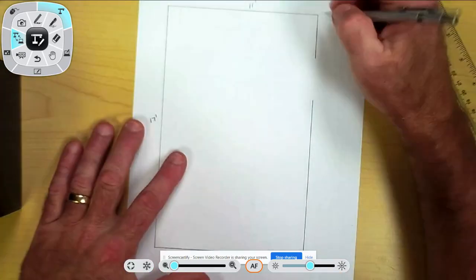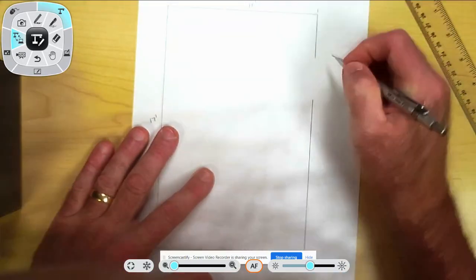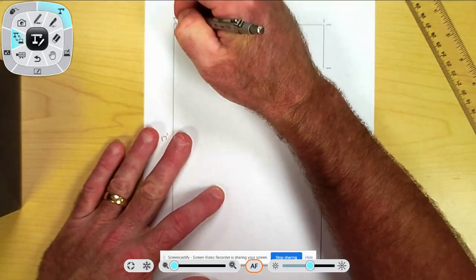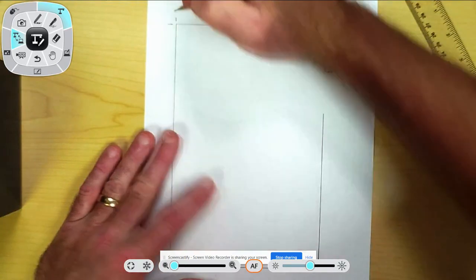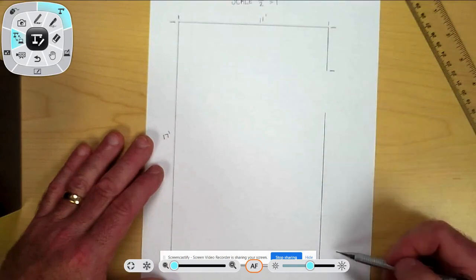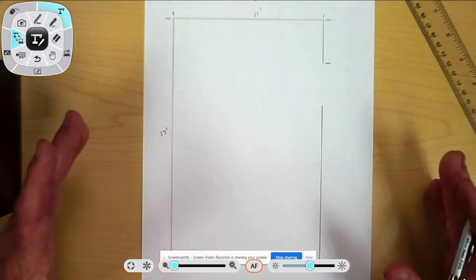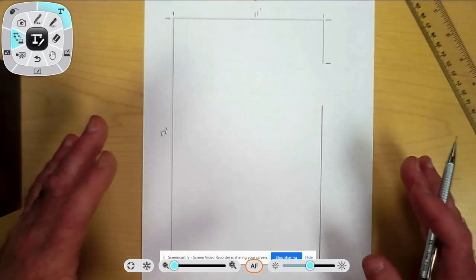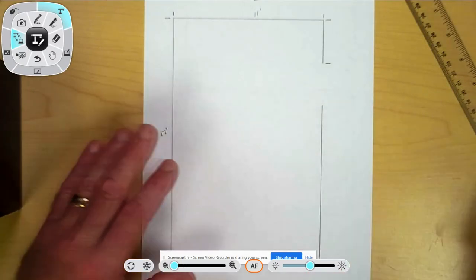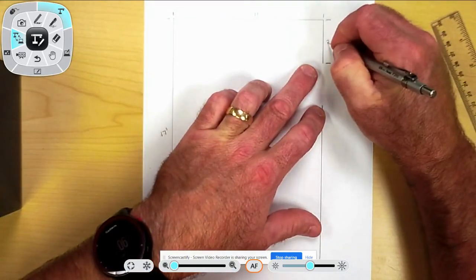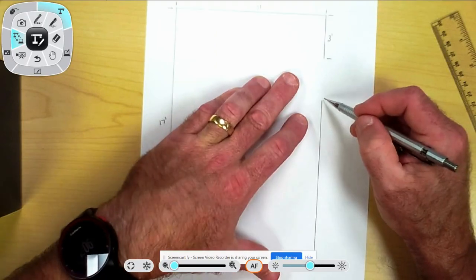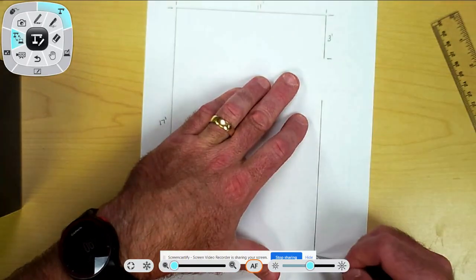Okay? Then let's start putting in some of our dimensions. All right, so these are our extension lines. And while I'm doing this, by the way, I'm not going to draw here, and I'm not going to draw here because I don't need to. All those dimensions will be mathematically figured out, so we don't need to write them in. But while I'm drawing these in, by the way, this is 3 feet, try to figure out if you can tell how long this distance from the end of the door to here is.